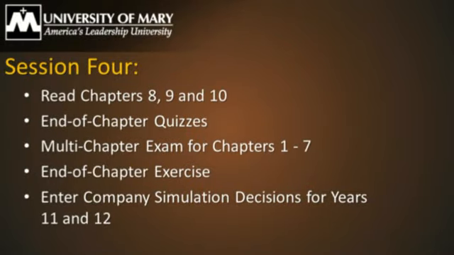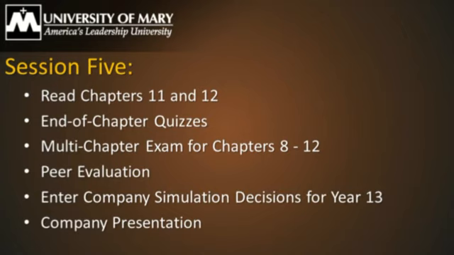For Session 4, you'll read Chapters 8, 9, and 10 and complete the end of chapter quizzes for those chapters. You'll also complete the multi-chapter exam covering Chapters 1 through 7. You and your co-managers will complete the end of chapter exercises for Session 4 and enter decisions for years 11 and 12 for the company simulation.